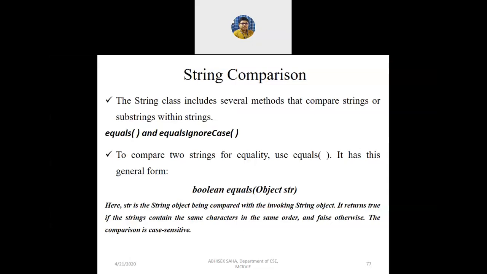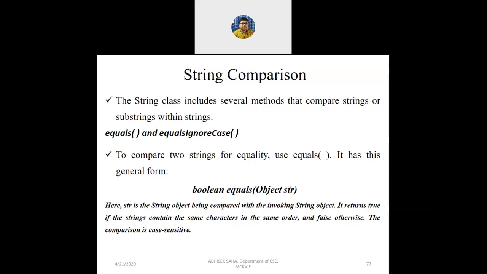If two strings are the same, containing the same characters in the same order, then it returns true, false otherwise, and the comparison is case sensitive. Fine. So the equals method takes a parameter which is a string object, and another string object will call this method. It is comparing two strings. The function returns true if both strings contain the same characters in the same order, otherwise it will return false, and the comparison is case sensitive.